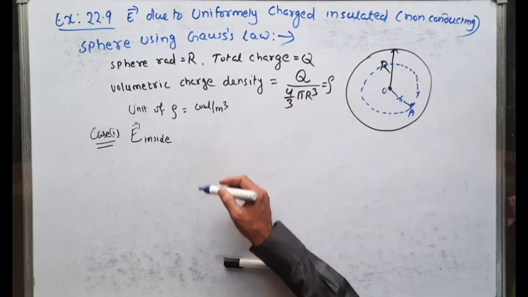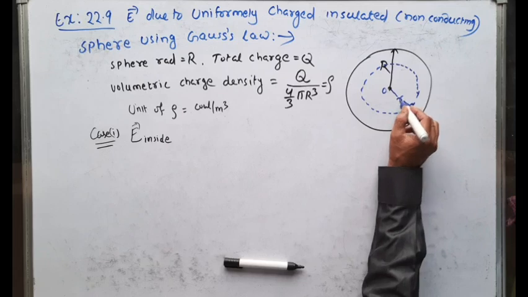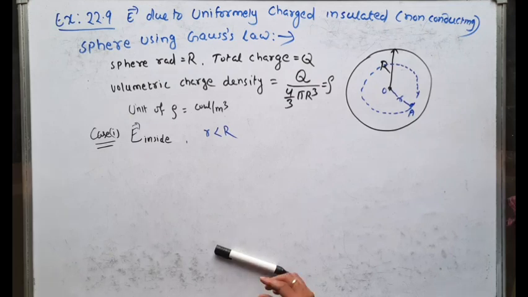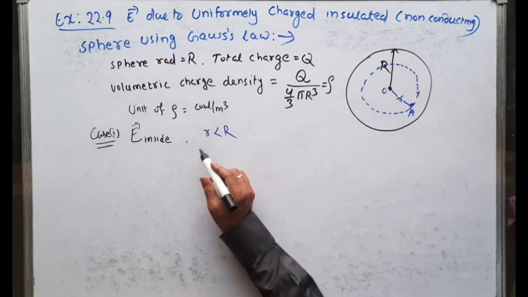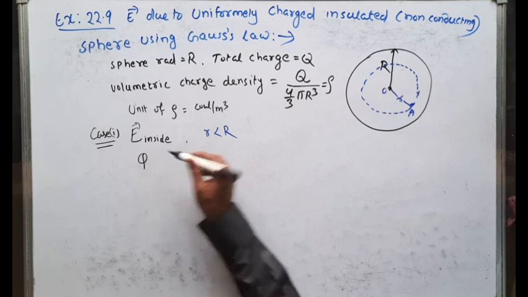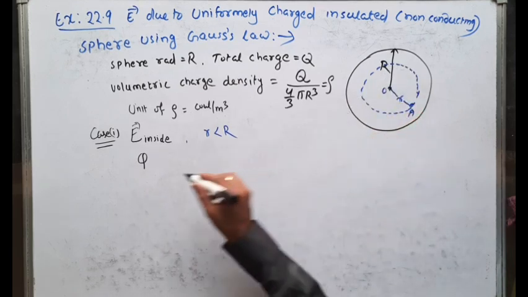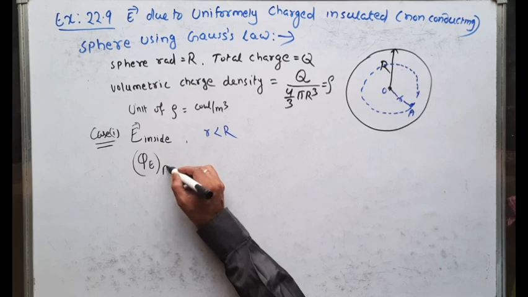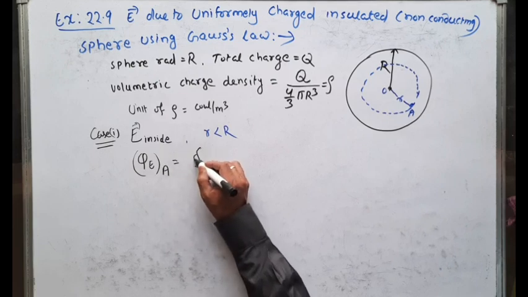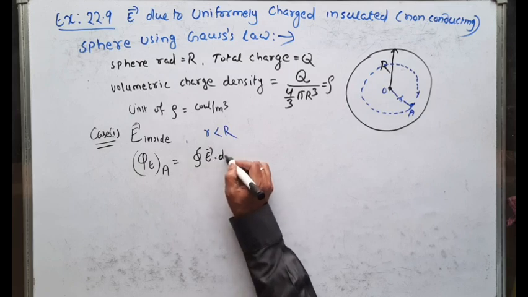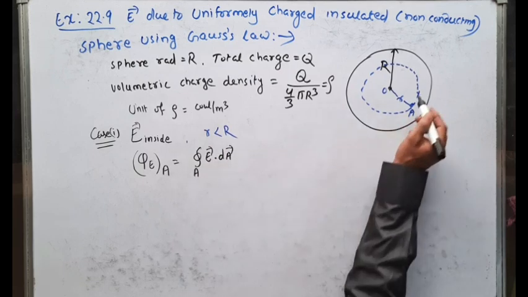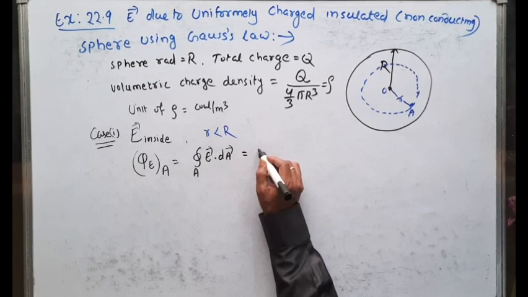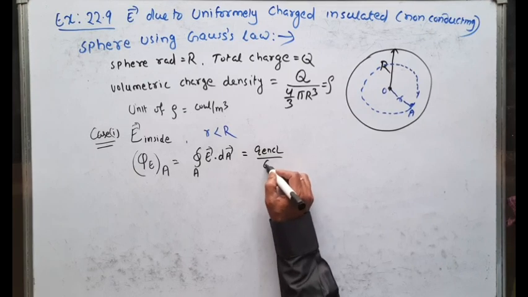Here you see small r is less than capital R. So the electric flux through the Gaussian surface is the surface integral of E dot dA over this surface, which is equal to Q enclosed divided by epsilon naught.